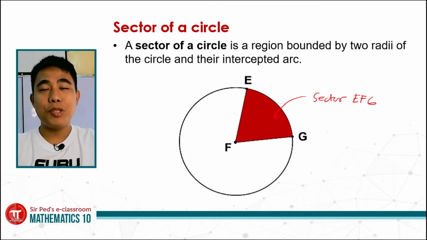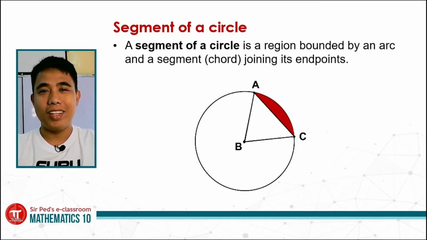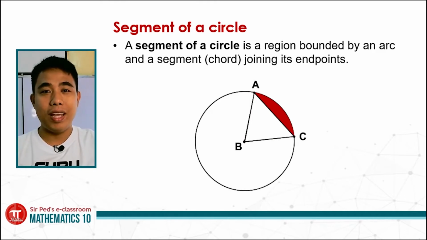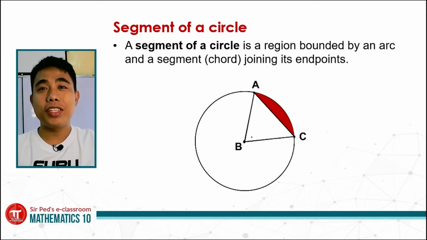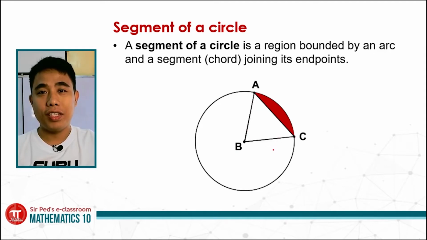Now, let's proceed to another slice of a circle, which is the segment of a circle. A segment of a circle is a region bounded by an arc and a segment, that is, a chord joining its endpoints. Consider circle B. Segment AB and segment BC are radii of the circle.